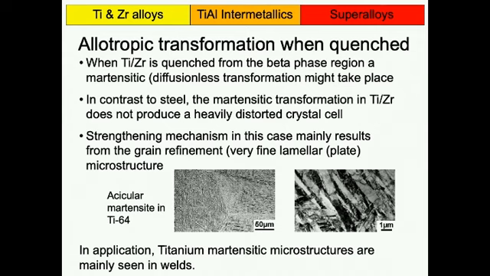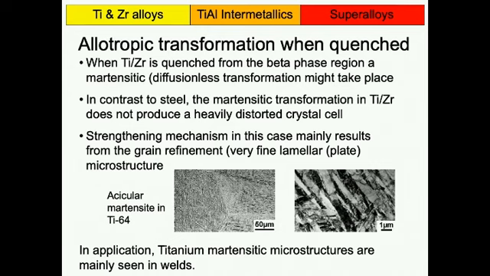And so, of course, if you want to quench and temper steel, you can't do it on very large cross sections because you just don't achieve the high cooling rates in the middle. In titanium and zirconium, it's difficult because the thermal conductivity is so poor that in principle it's almost impossible to achieve a proper martensite.